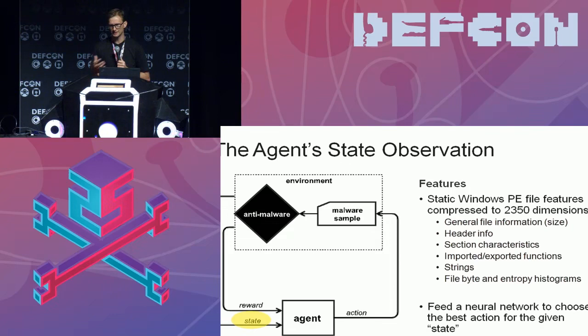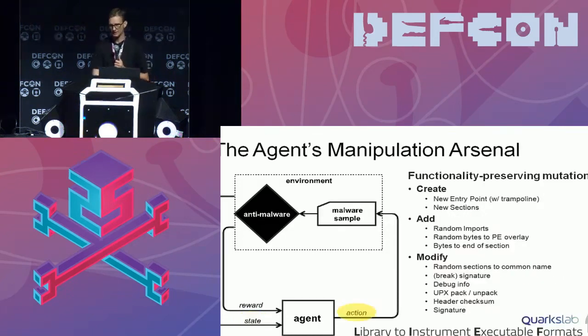That feature vector is based on general file information, header info, section characteristics, imported strings, file byte and file entropy, things that are often used in static malware classification by Next-Gen AV. And we're going to feed that into a neural network that will learn this state. So given this state, what's my best action? The actions that I can choose. Right now our buffet has just a few options.